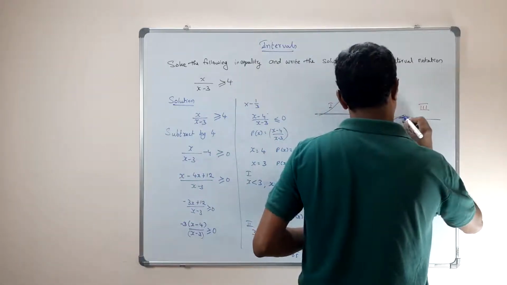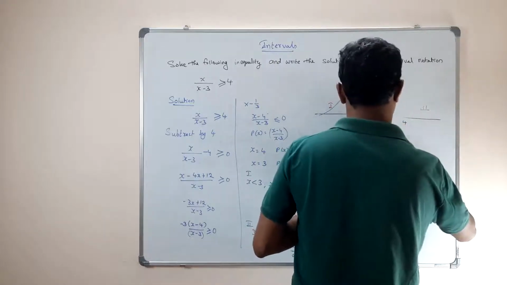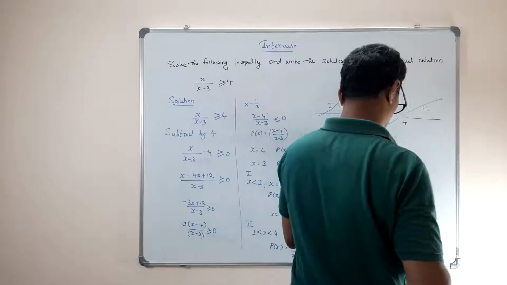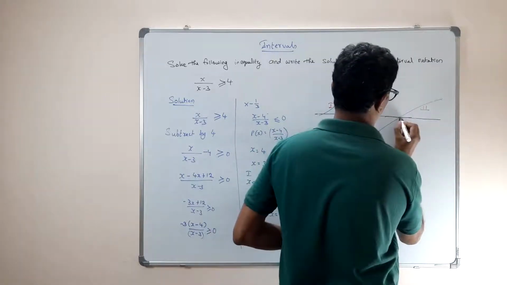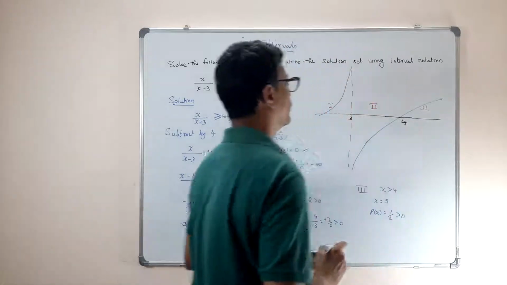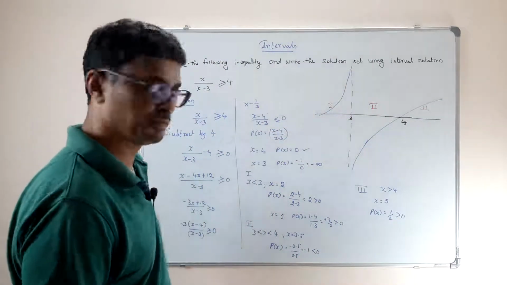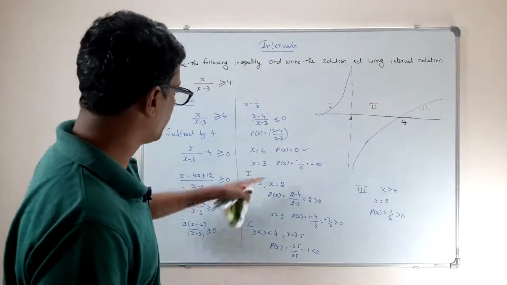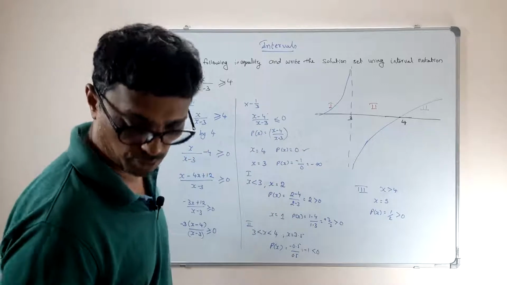So it goes like this. Here this is 1, and this is 4. Now which is the region for us? Tell me. The condition should be p of x less than or equal to 0.